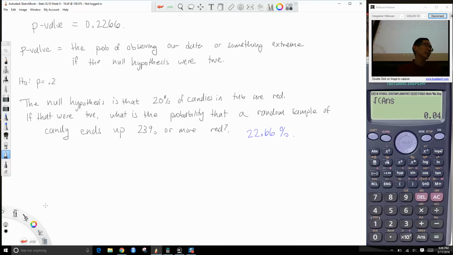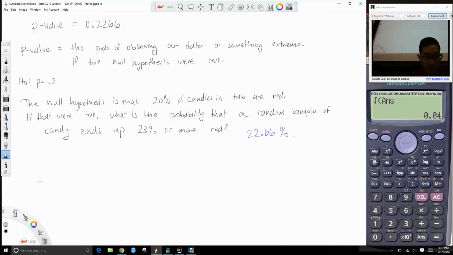It doesn't prove one thing or another. It just says the candies in the tub could be 20%, and I just happened to get lucky in getting a bunch of red candies.